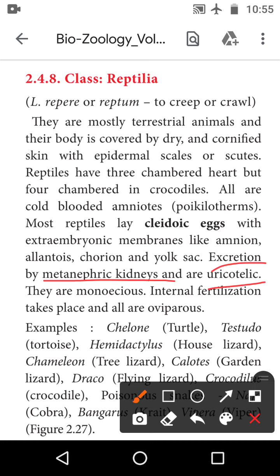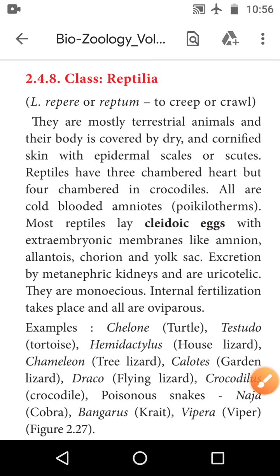Uricotelic means excreting nitrogenous waste in the form of uric acid. What is an example? Lizards, insects, and some of the aves family are uricotelic animals that secrete nitrogenous waste as uric acid.